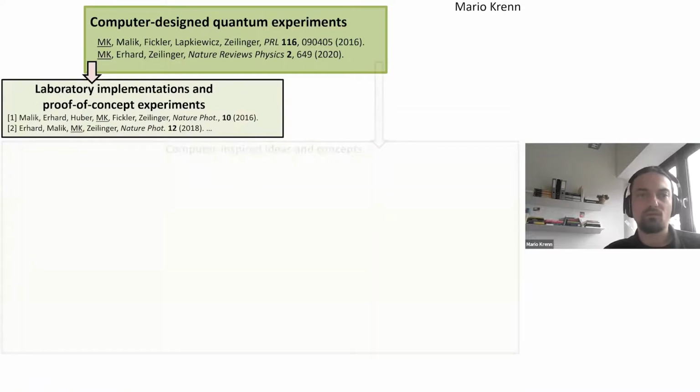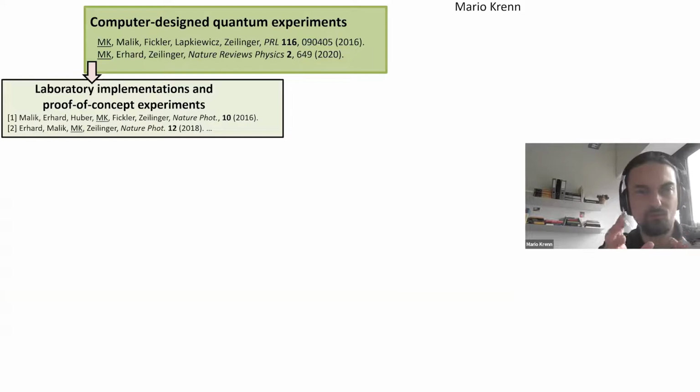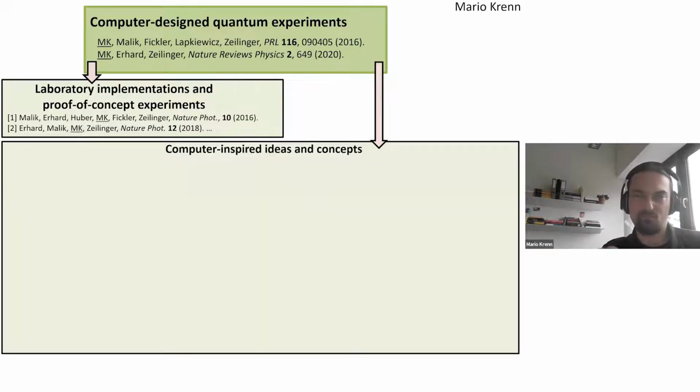So this was not only useful, but this also has led to something really interesting. And the thing that I find even more interesting than the experiments themselves, namely, it was able to give us new ideas in this context of quantum hardware. And that worked in one case in the following way.